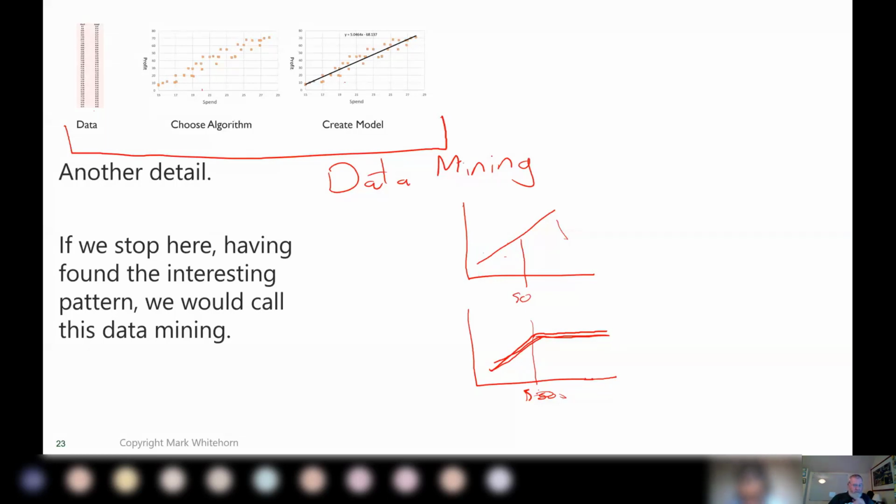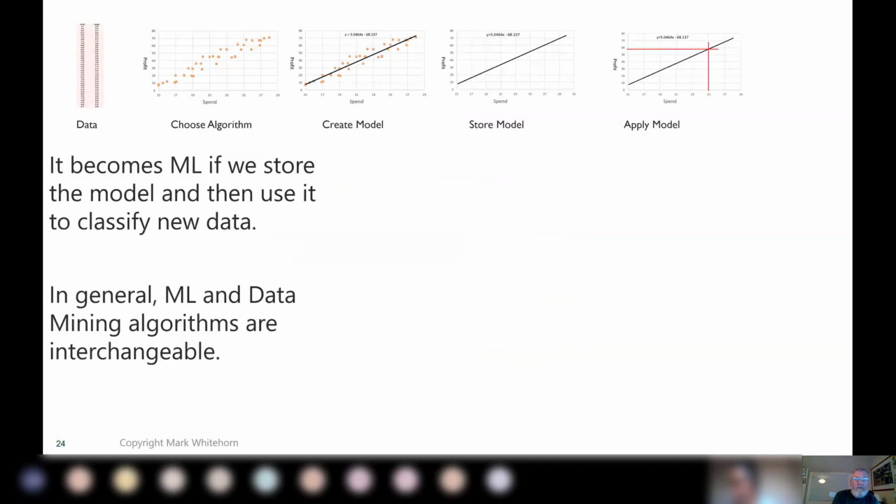So there are times when we use these algorithms to look for the pattern, and actually what we want is the pattern. We don't actually want to apply it to future events. So that's data mining, and we can generally use the same algorithms for data mining as we can for machine learning. And that's why there's so much crossover between these two.